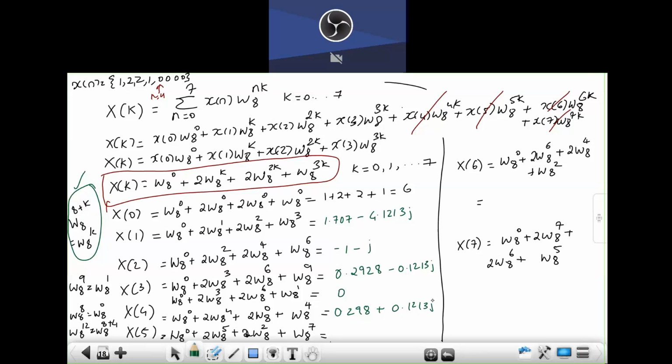Check and tell me if it's right. Minus 1 plus J. You can use J or I, anything is fine.